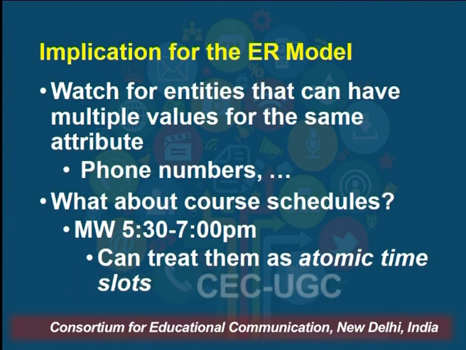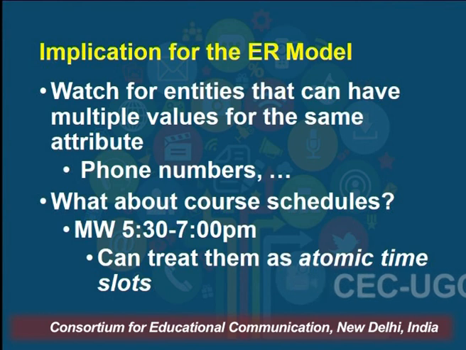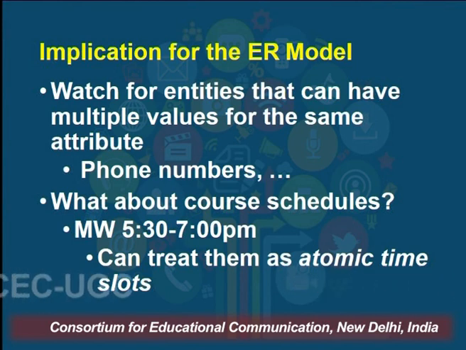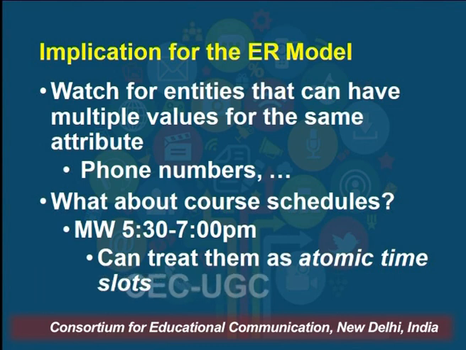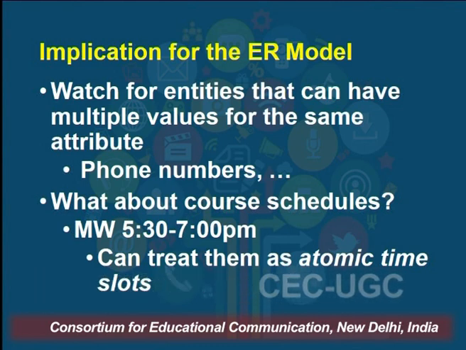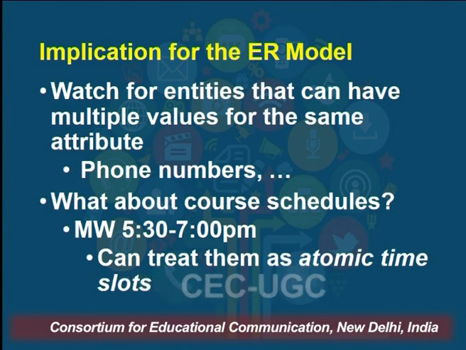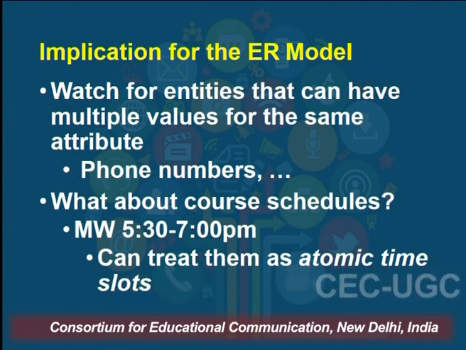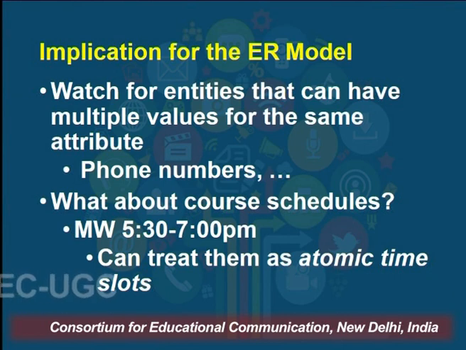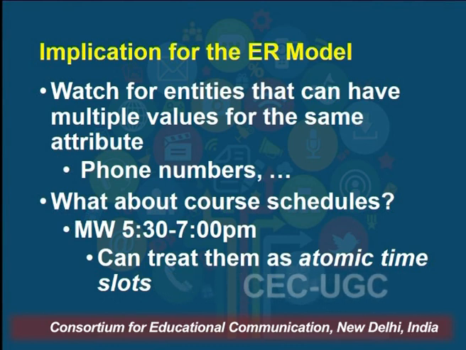Now the point is, if we watch out for the constraints of first normal form while modeling the database, what is going to be the implication for the ER model? How is this ER model going to be designed, or what are the watch areas we need to see while designing my ER model?